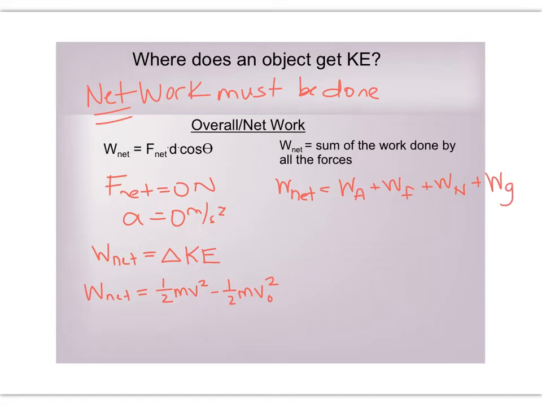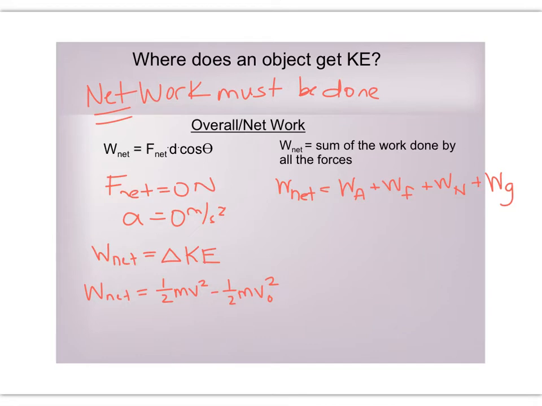Since work is a scalar quantity, all I have to do is find how much work was done by the applied force, add it to the work done by friction, add it to the work done by the normal, and add it to the work done by gravity. And if the net work is 0, then I would expect some of these to be positive and some of them to be negative.